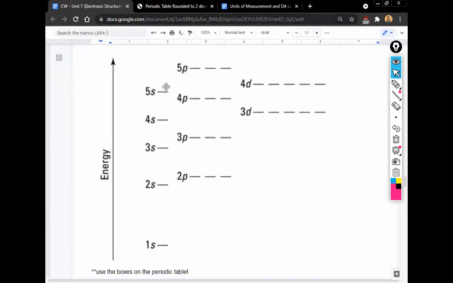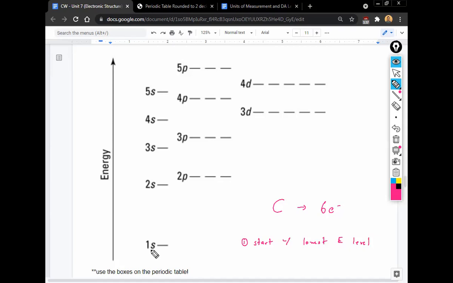If we go back to our big chart, we said that carbon has 6 electrons, so we're gonna fill in these lines using electrons. You'll probably have to have this on your paper, but don't copy this all out at one time. Just know how to fill this in based on the problems that we do. One of the rules is that we always want to start with the lowest energy levels, and the lowest energy level is 1s.